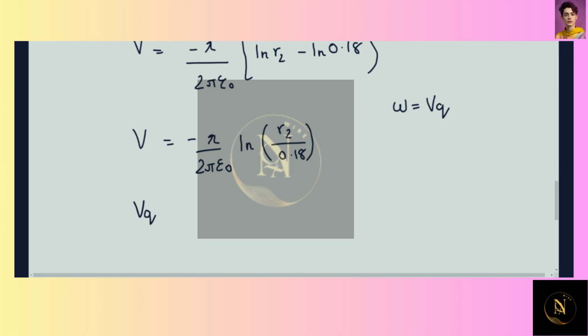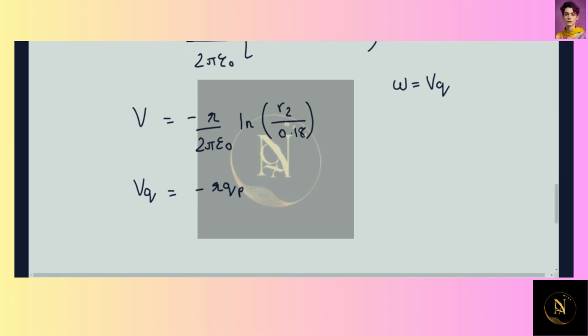So the potential times the charge is simply equal to negative lambda q sub p, because the particle is a proton, so it will be multiplied with the charge of the proton, divided by 2 pi epsilon naught times the natural log of R2 divided by 0.18.